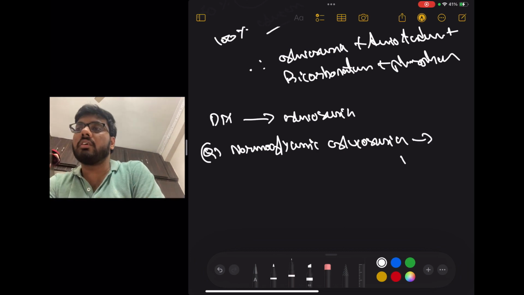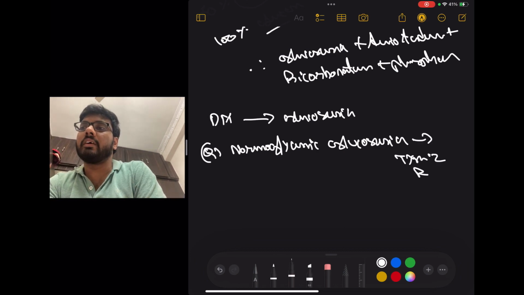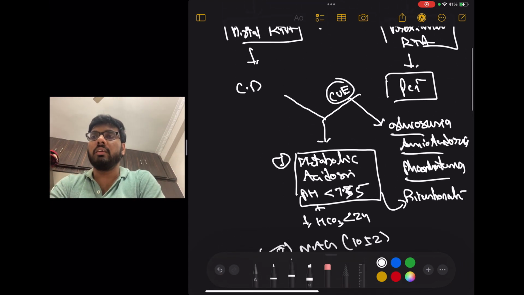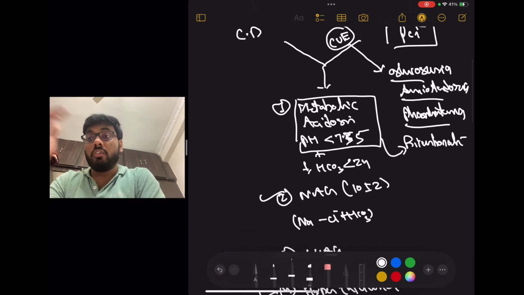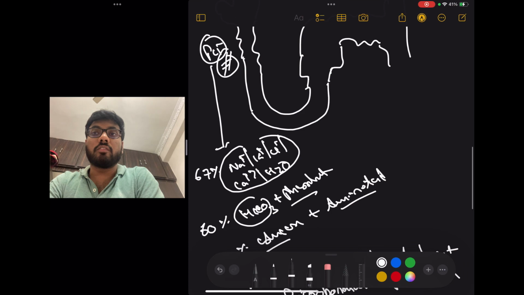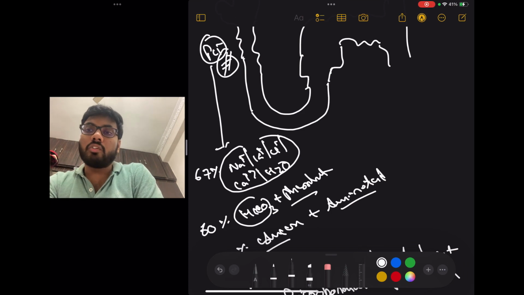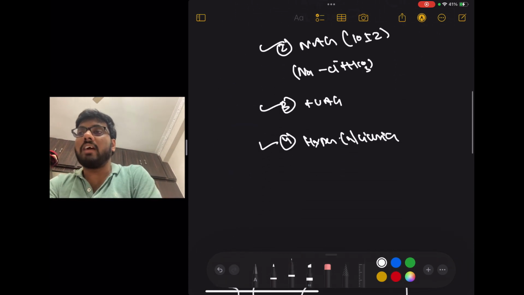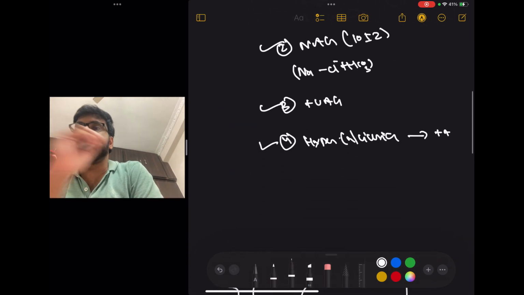It is type 2 RTA, nothing but proximal RTA. Why is there hypercalciuria in type 2 RTA? Because 67% of the calcium is reabsorbed in the PCT. That's why patients of proximal RTA will have hypercalciuria.